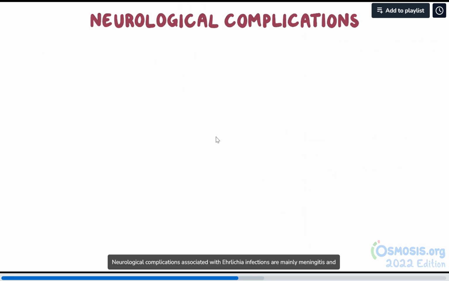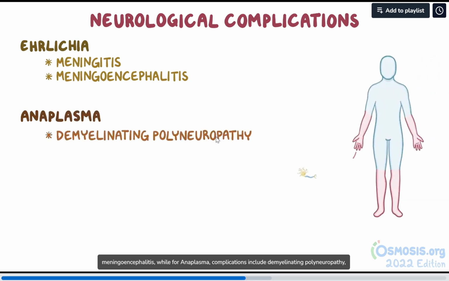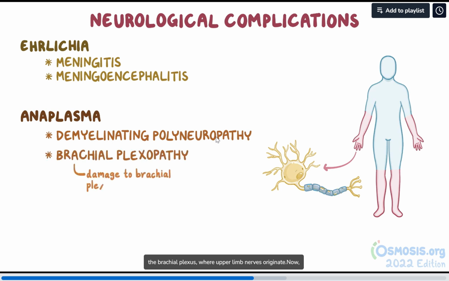Neurological complications associated with Ehrlichia infections are mainly meningitis and meningoencephalitis. Complications include demyelinating polyneuropathy, when the myelin sheath of neurons in the upper and lower limbs is destroyed, resulting in nerve damage, and brachial plexopathy, which is when there's damage to the brachial plexus, where upper limb nerves originate.